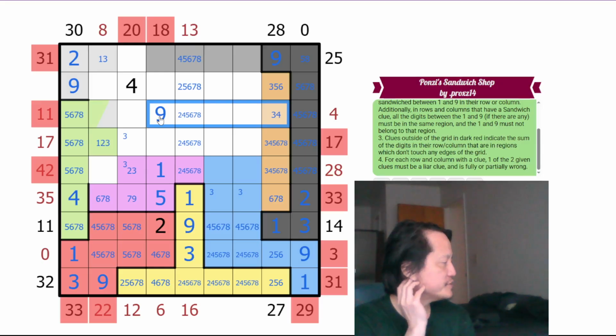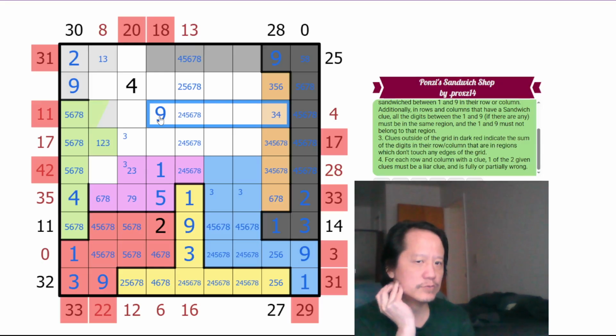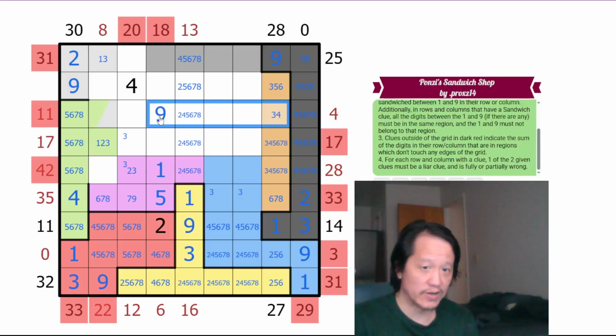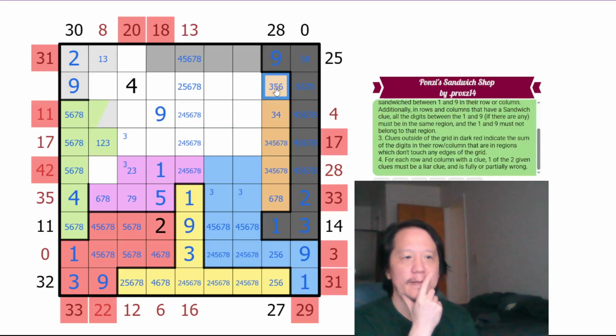So that means we have 6 available in row 2 for it to be part of that sum. It's very likely this is 6. It can't ever be 3 here. If this is 3, well, it could be 3, 2, 1, technically. Okay, so that is potentially possible.